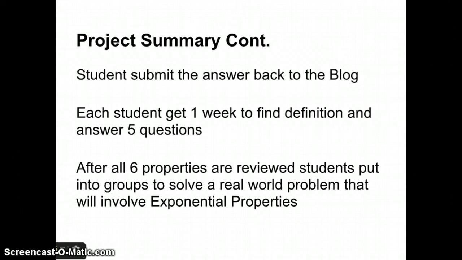After those 6 weeks, they'll be put into groups, and they'll have to collaborate together to use the exponential properties that they had to go through to solve a real-world problem that involves exponential properties. This could be some type of low-level physics problem, or scientific problem, or something related to their science, to get a cross-curricular component to it.